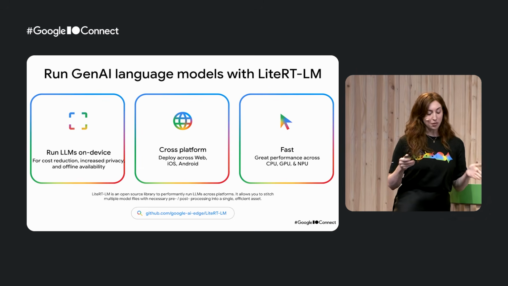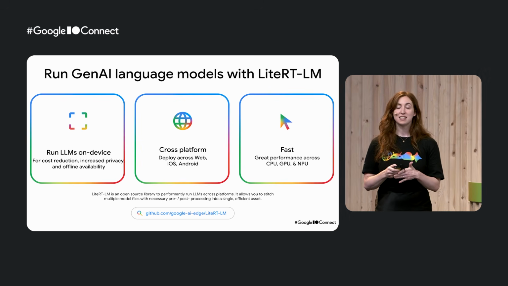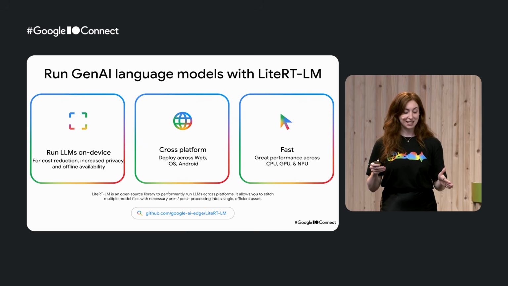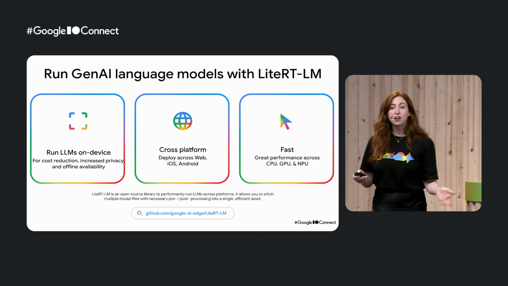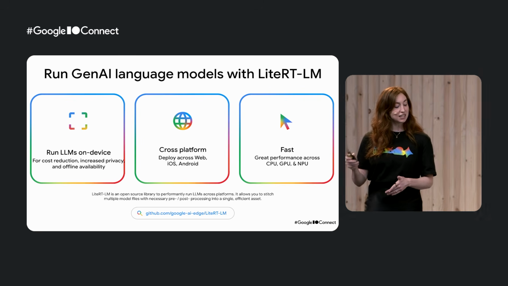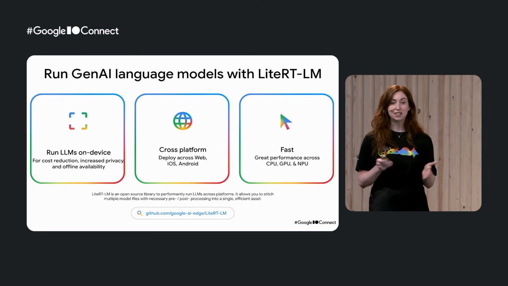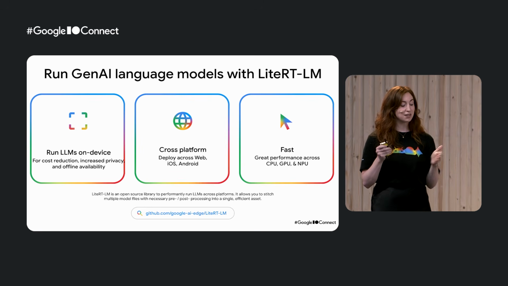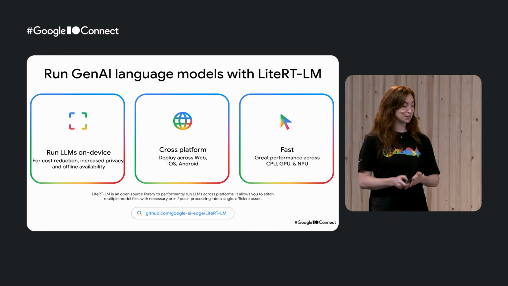It allows multiple model files to be compiled together with pre- and post-processing into a single efficient asset. It's open source with modular components, so you can pick and choose the exact pieces you need to build the perfect pipeline for your specific use case. And you can easily package that custom SDK with your app to deliver a powerful, bespoke AI experience.